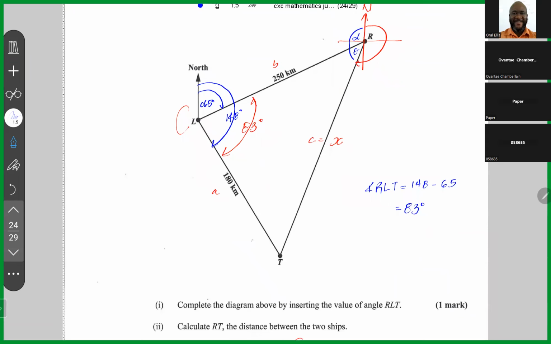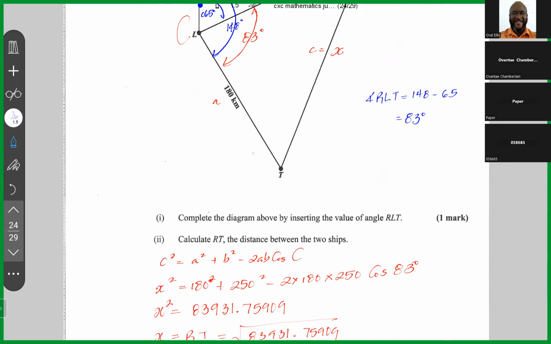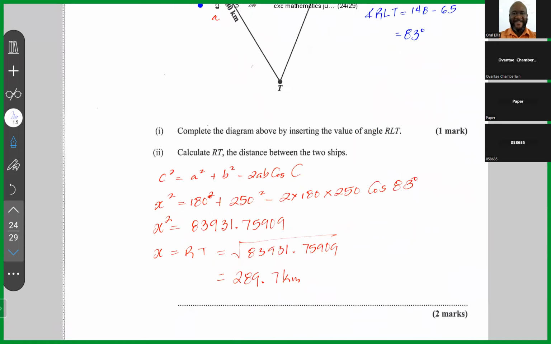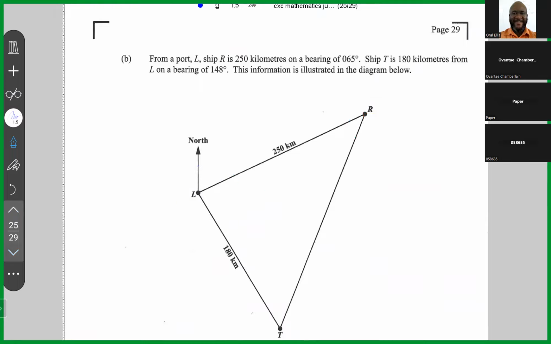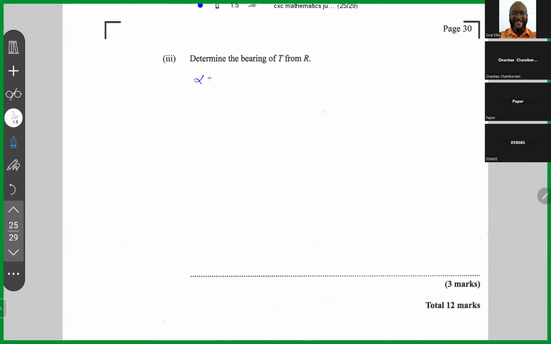Alpha and 65 are co-interior angles. So I can say alpha is equal to 180 minus 65, which is 115 degrees. They are co-interior angles.